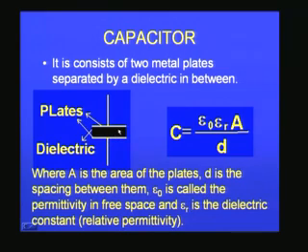So, you can see the capacitance of a capacitor is proportional to area, because it comes in the numerator. It is inversely proportional to the spacing. That means, smaller the distance between the plates, larger will be the capacitance, and it also depends on the dielectric constant or the nature of the medium that I have in between the two parallel plates.